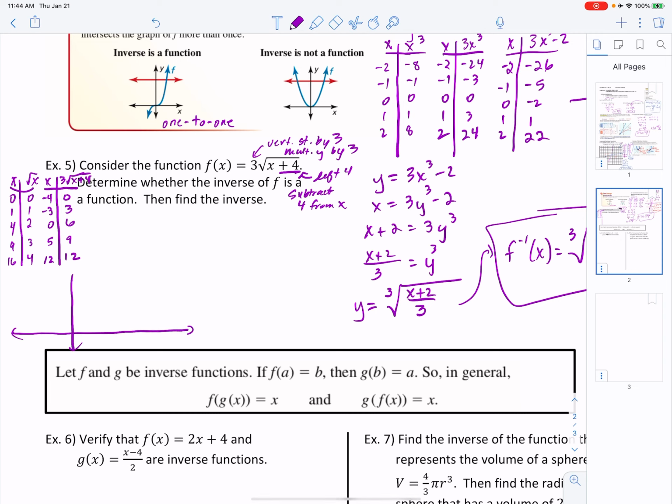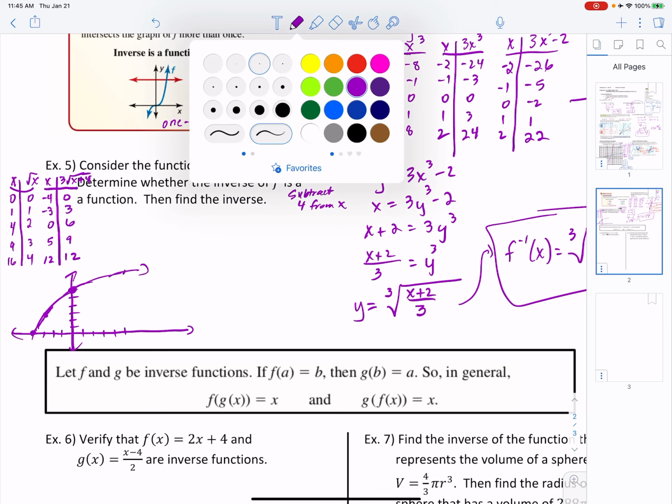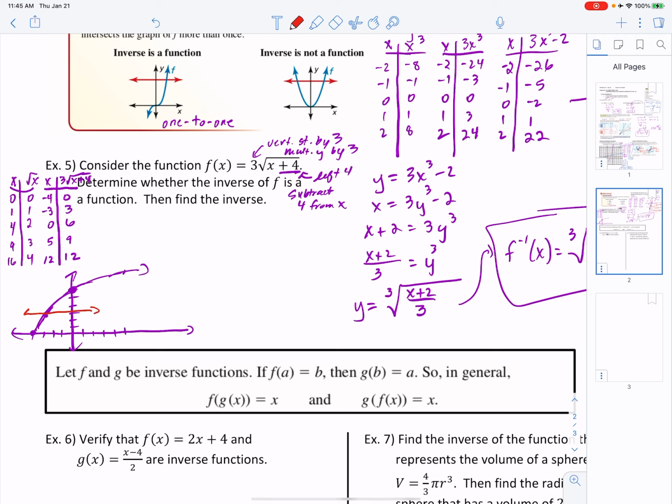Now you're just sketching a graph of this, so we're at -4, 0. And at -3, we are up at 3. 0, we're up at 6. And at 5, we'd be up at 9. Something like this. So it's that stretched out, and it looks like this. And this graph is going to pass the horizontal line test.